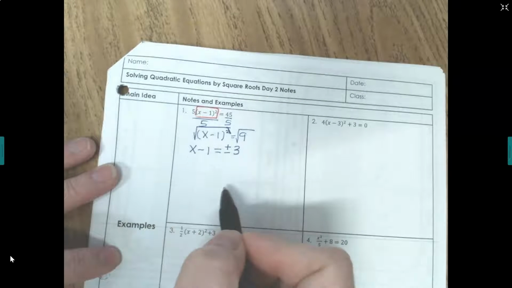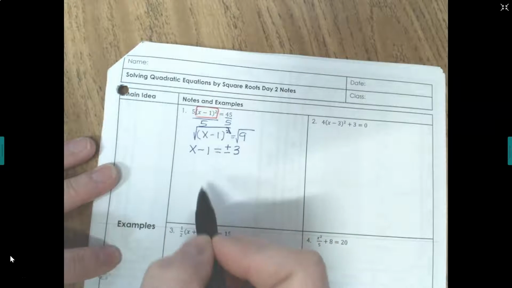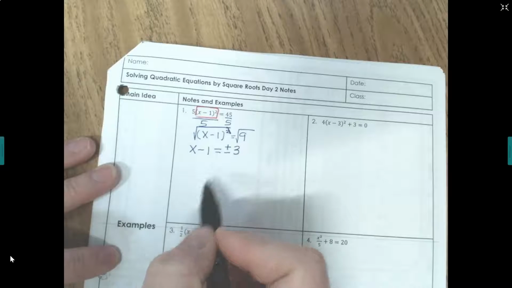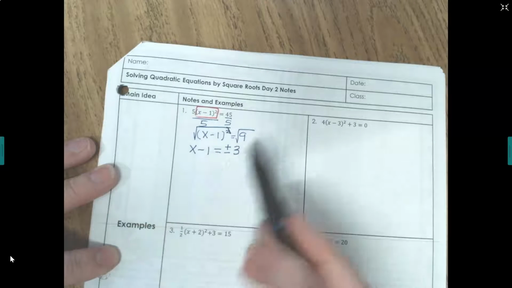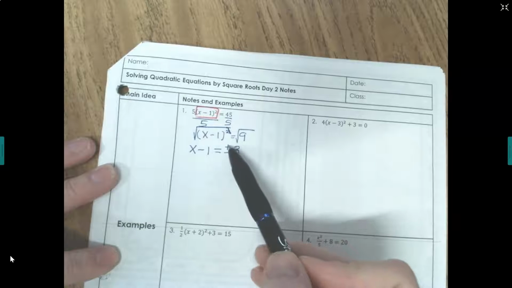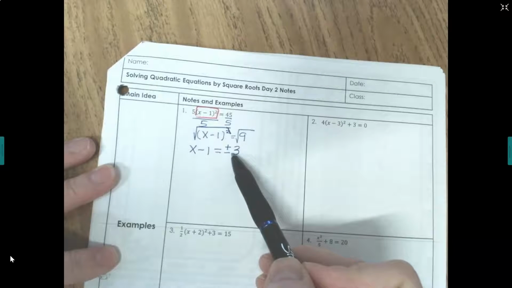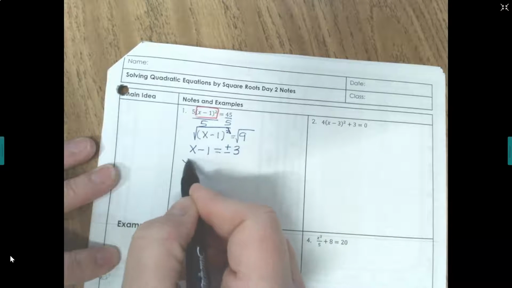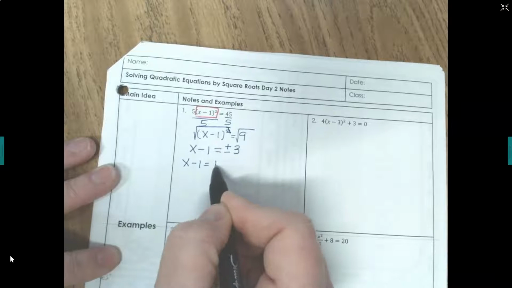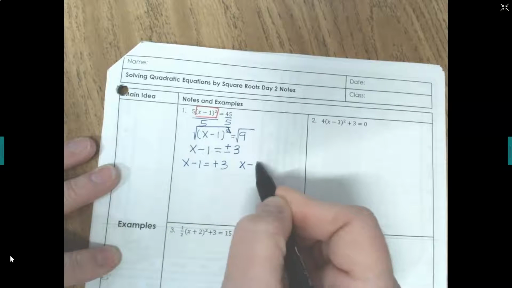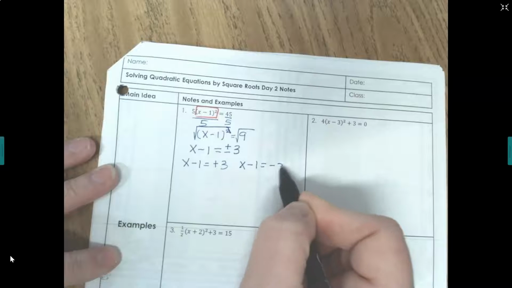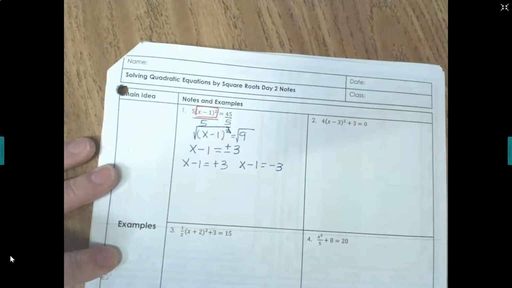It's not just x equals plus or minus 3, it's x minus 1 equals plus or minus 3. So we actually need to still solve for x. We have two equations here, once when this 3 is positive and once when this 3 is negative. So we're going to write it twice. x minus 1 equals positive 3, and x minus 1 equals negative 3.